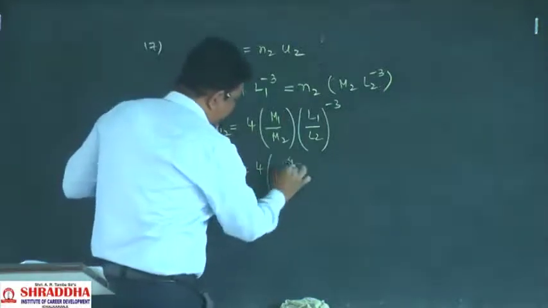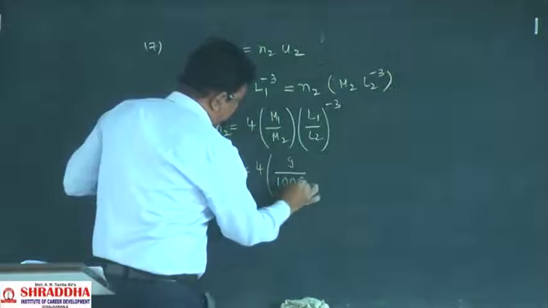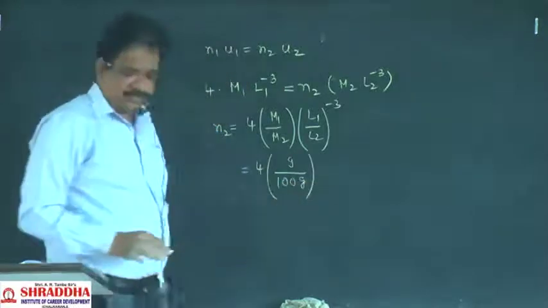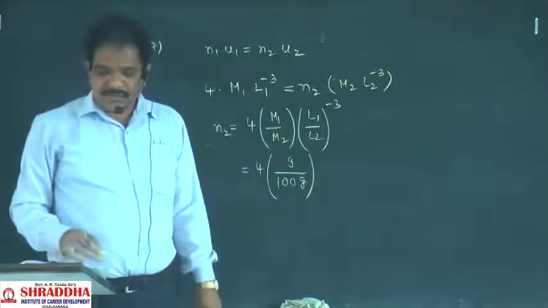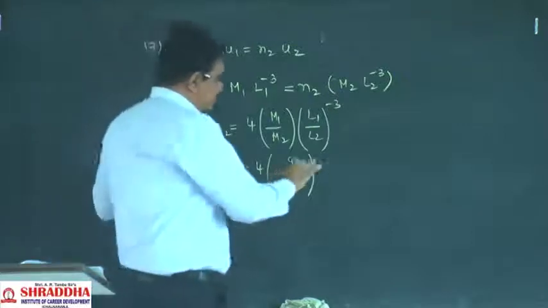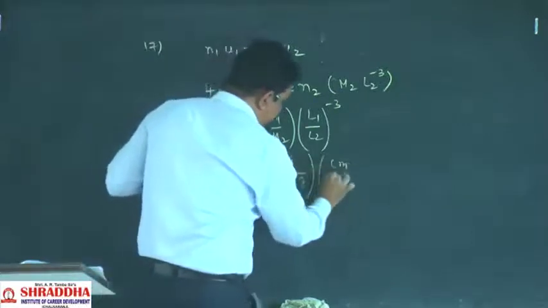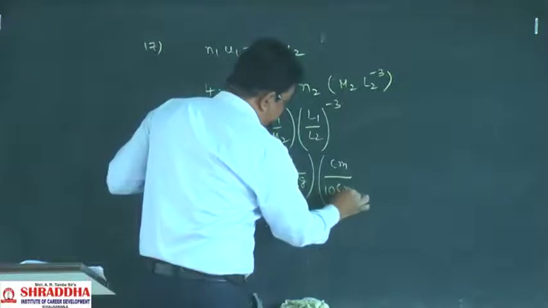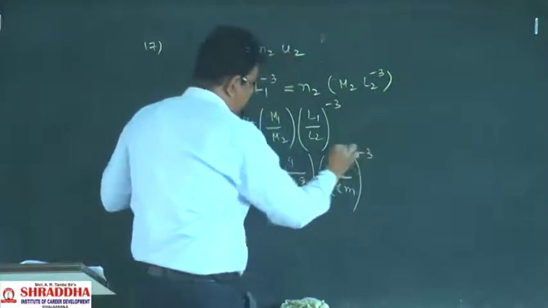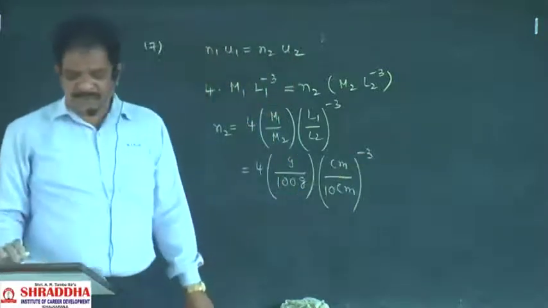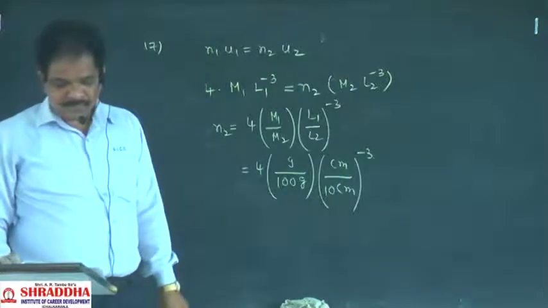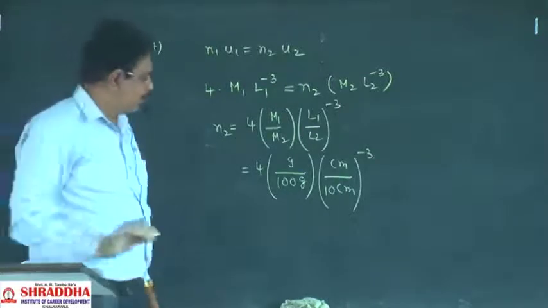So 4 gram by 100 gram. Length, if we consider, this will be centimeter, this will be 10 centimeter, whole power minus 3. Okay.